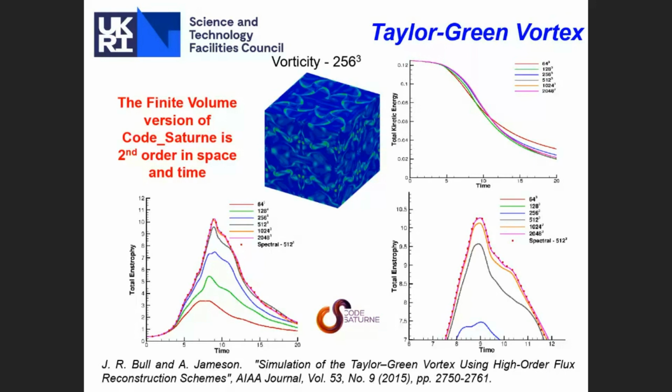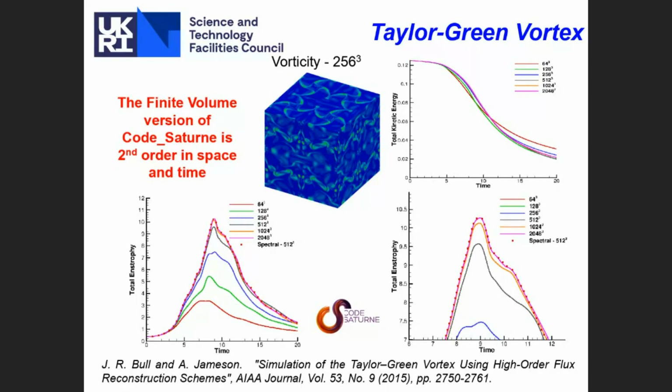So, performance is important, but accuracy is also very important. The technique used in Code Saturne is called finite volume, and the best can be achieved with a second order in space and time.